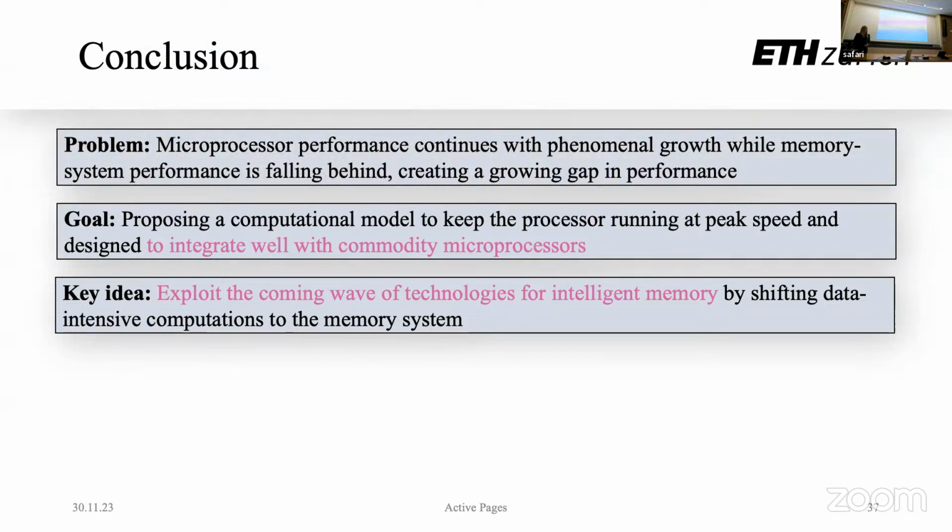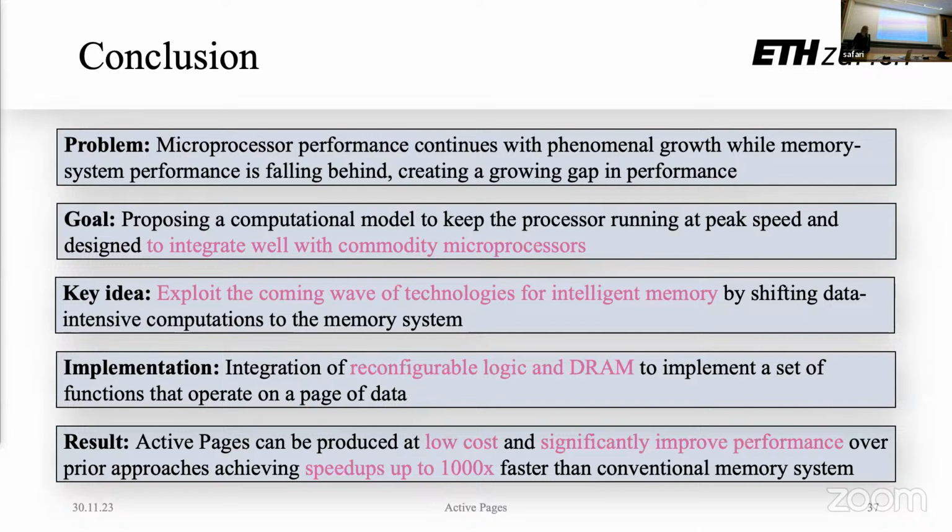The active page model exploits the coming wave of technologies, since gigabit densities, as well as RADRAM technology, were several years into the future. And as I've said earlier, the performance of the RADRAM system is very good, achieving up to 1,000 times the speedup when compared to conventional memory systems.